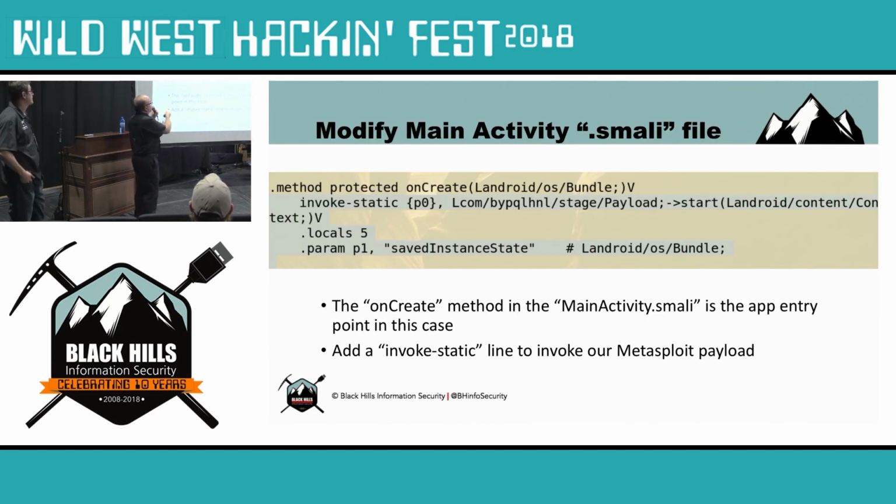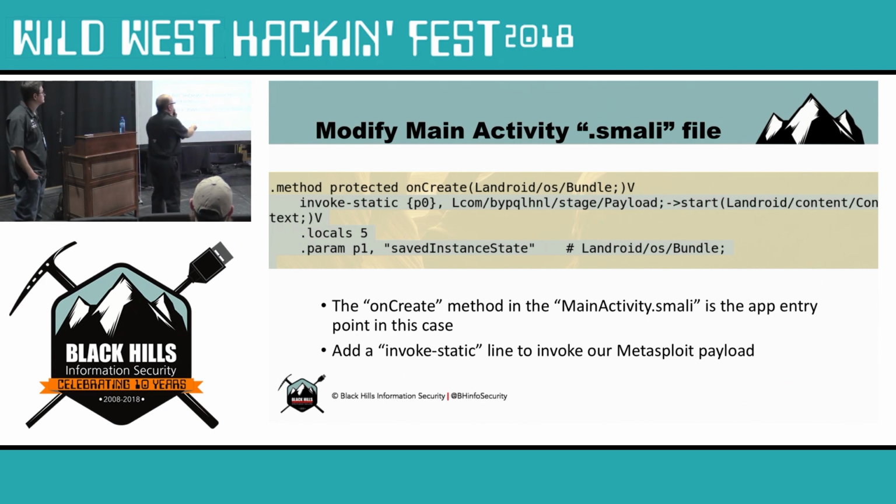Then you have to modify the mainActivity.smali file to include a static entry point for the meterpreter stager, because you want the main activity from the app to fire off the Metasploit reverse TCP. The onCreate method in that smali file is exactly the app entry point you're looking for.